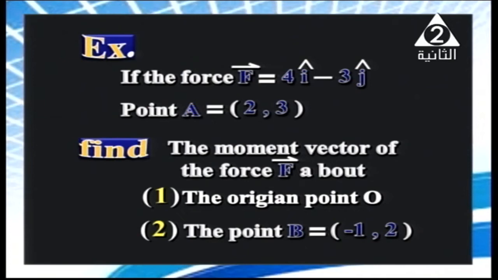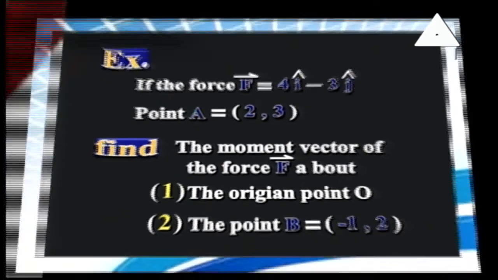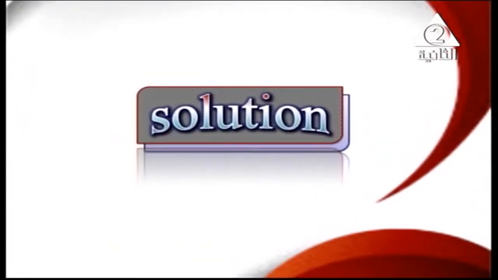We have a force 4i minus 3j acting on the body. Find the moment vector of the force about the origin O (0, 0), and find the moment vector of the force F about the point B (-1, 2). My dear student, look at the solution.